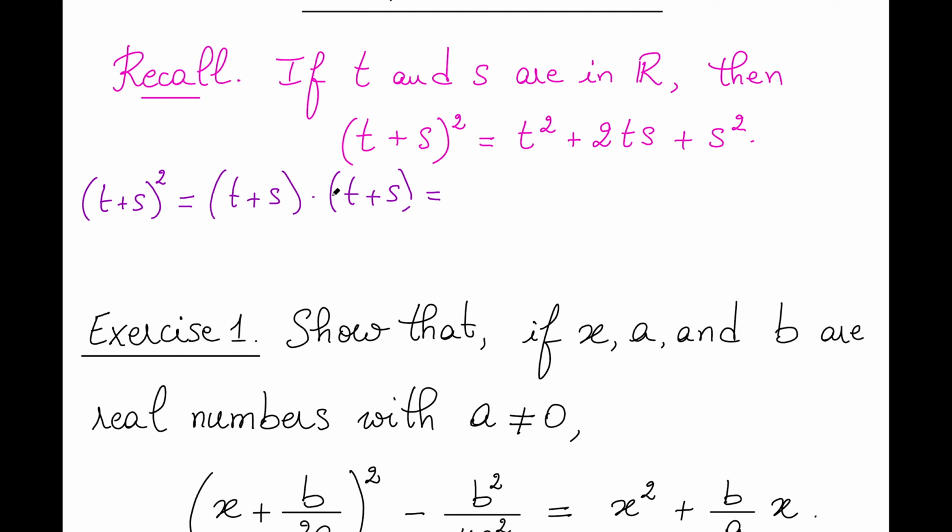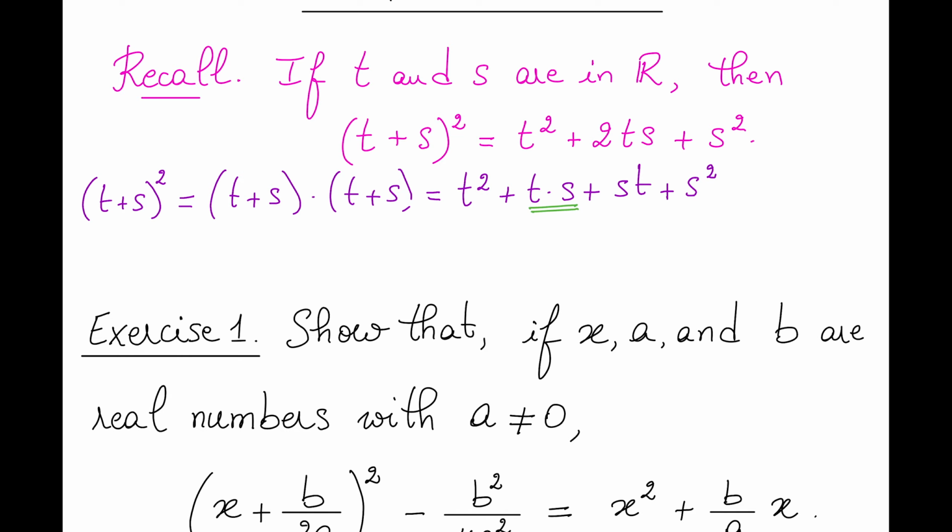Each summand here is going to talk to every summand here, right? So t times t is t squared, and t times s is ts, and s times t is st, and finally s times s is s squared, right?